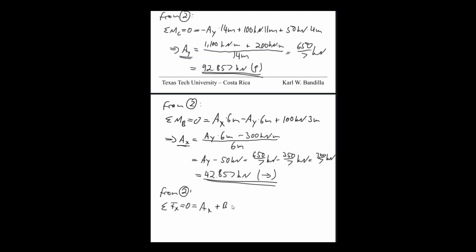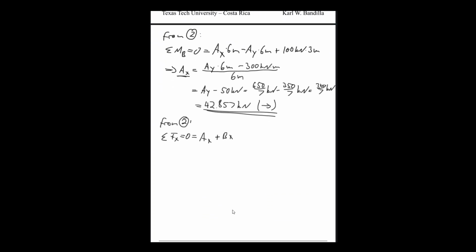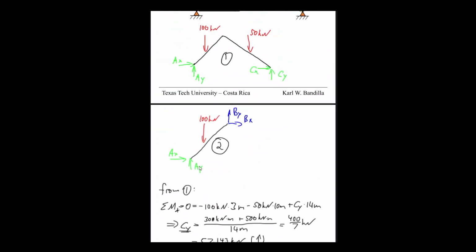That means we're looking for Bx, so Bx is minus Ax. Ax we just found to be 300 over 7 kilonewton, minus 42.857 kilonewton. That's my Bx.